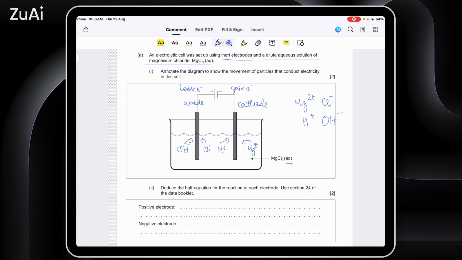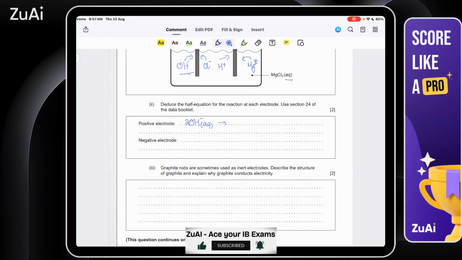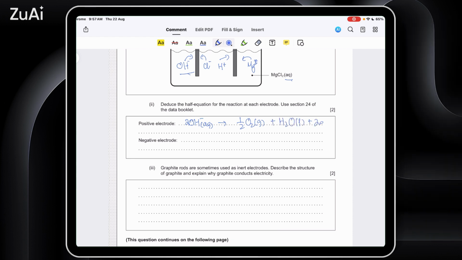Write the half equations now. You have to see the reactivity series and the electrode potential, which one has the greater tendency to accept. Hydroxide has greater tendency than chloride, so at the positive electrode, hydroxide ion at first forms half oxygen gas plus H2O plus 2 electrons.